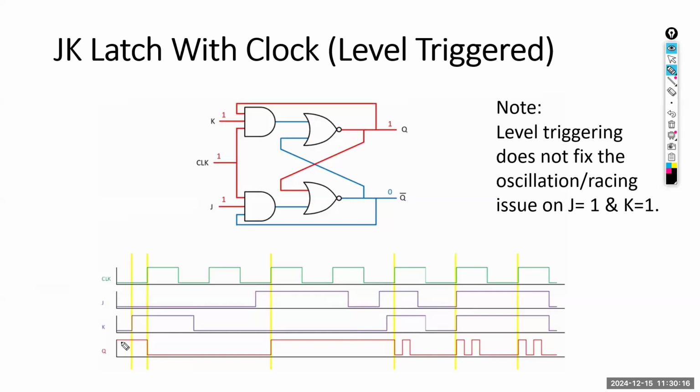Right. So can you understand the output? Anyway, the output is already there. Can you understand why the output is getting like this? Or can you draw the output by yourself? Forget about this, can you draw the output yourself? It's very easy, because it's the same as the SR latch.